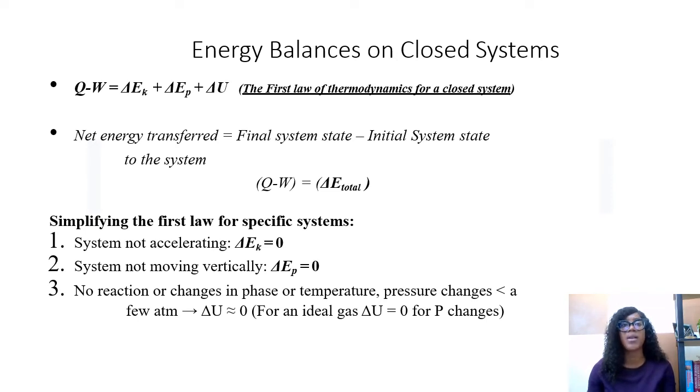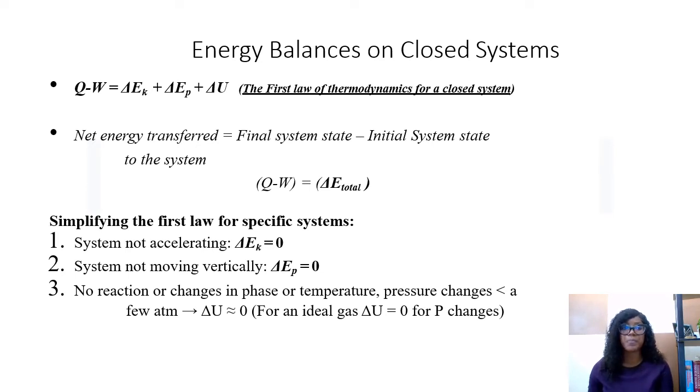So we have Q minus W is equal to delta EK plus delta EP plus delta U. So our net energy transferred into our system is equal to the final energy state minus the initial energy state of the system. Remember we had the two pistons, so we'd look at everything at the start where we had our piston with all our initial variables, and then in state 2 we'd look at the system again with all our final variables.